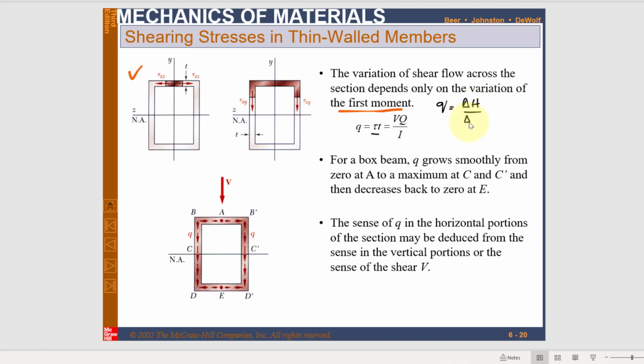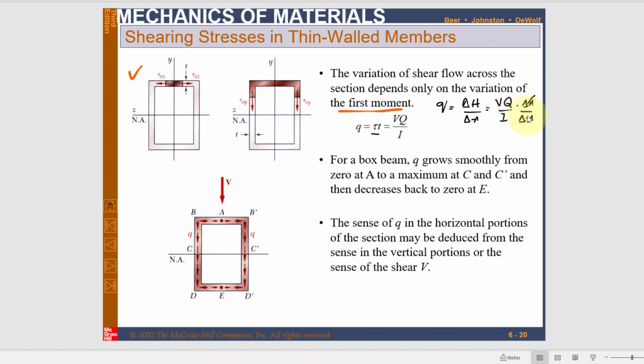Clear? And delta H is equal to VQ over I into delta x, and this delta x will remain the same. Clear?